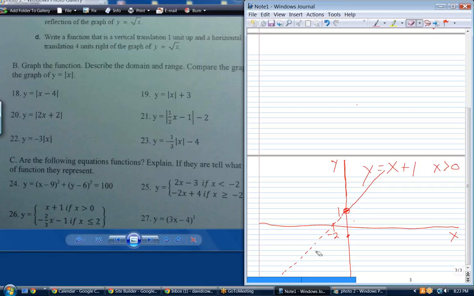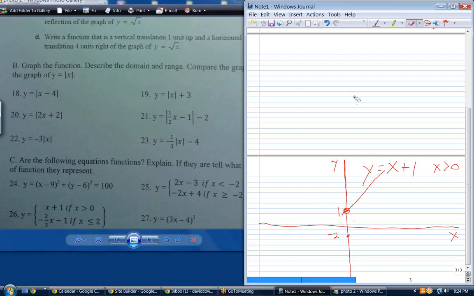Do you understand why that's the case? In other words, once we put that restriction on there that x has to be greater than 0 for it to be equal to x plus 1. If x is less than 2, it's equal to this other thing.